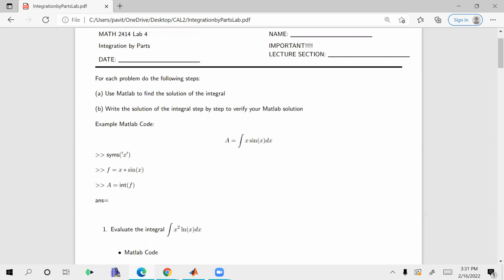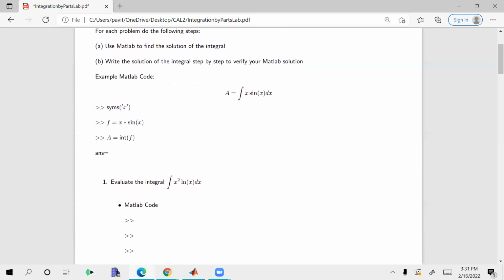So we saw all those. Now we have another integration method, that is integration by parts. You would have learned this in your lecture section. Okay, so how does this work now? Now you have a formula for integration by parts, right? So you are going to apply the same formula and find the solutions for all the integrals.